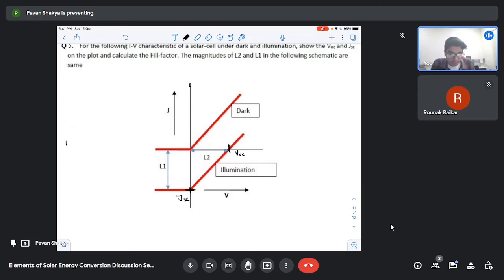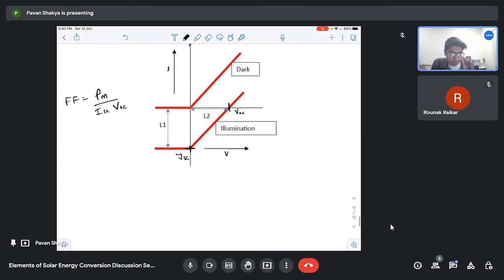Okay. Now we have to calculate the fill factor. So we know the formula for the fill factor, that is PM, the maximum power, divided by the ideal power, that is ISC multiplied by VOC. So from this figure we have to calculate the maximum power. Okay, so for maximum power we know the formula for the power, that is P is equal to IV. So if somehow we are able to find the maximum power, then we can easily find the fill factor.